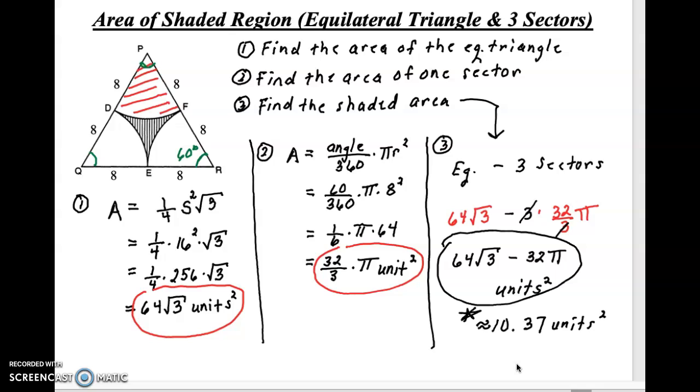Those are concepts that we should be familiar with. Then the last step, of course, is finding the shaded area, where we have to subtract, knowing that we have 3 of the sectors and we subtract them from the equilateral triangle area. All right, good luck.